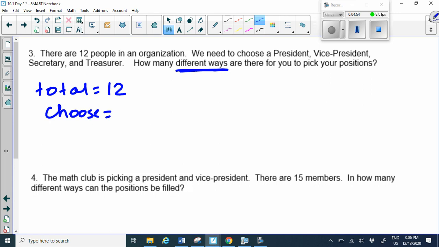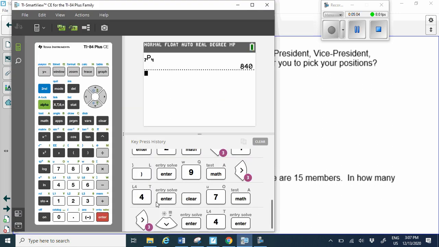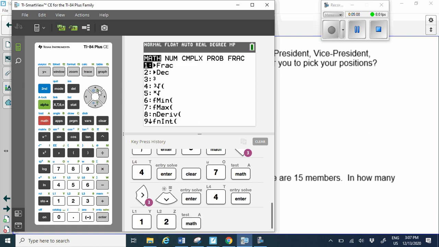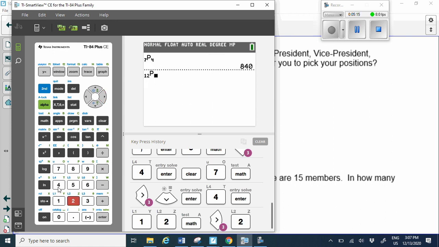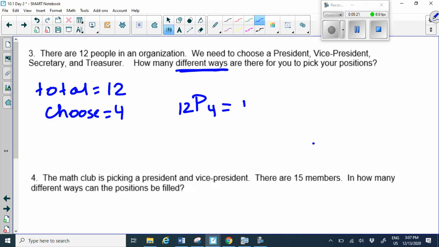We want president, vice president, secretary, and treasurer. That's 4. So using permutations, we want 12 permutations of 4. Let's go ahead and plug that into our calculator. So I do 12, I go to math, go over to prob, I do 2, so you can also click on the number 2, and then I want 4, and I press enter. So that's going to be 11,880.